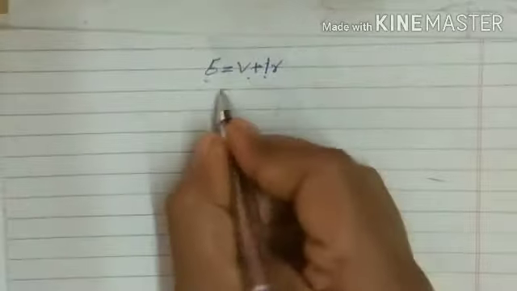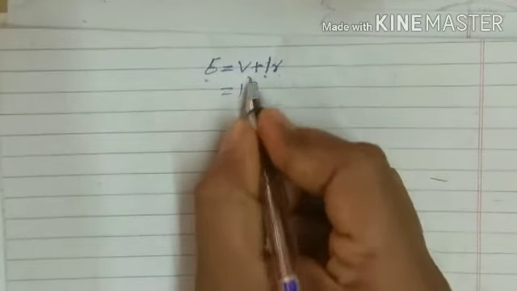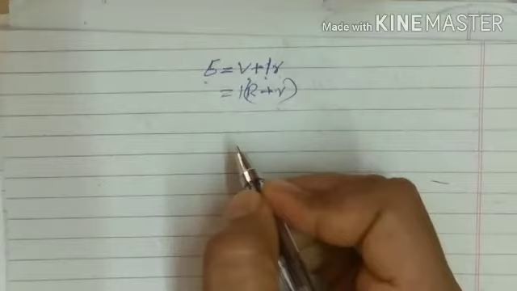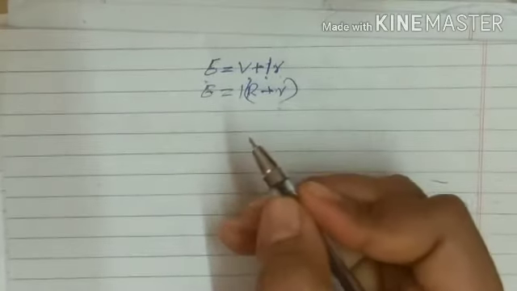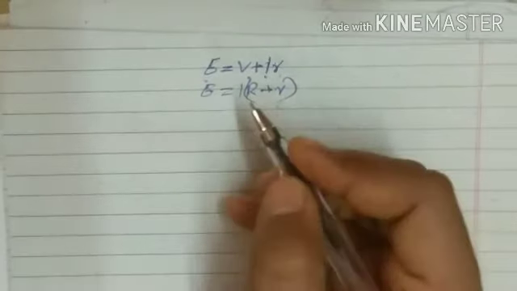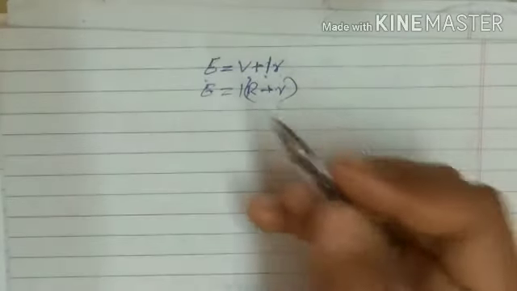Or we can write E is equal to I into R plus r also. That is also an equation we have, by substituting Ohm's law here.